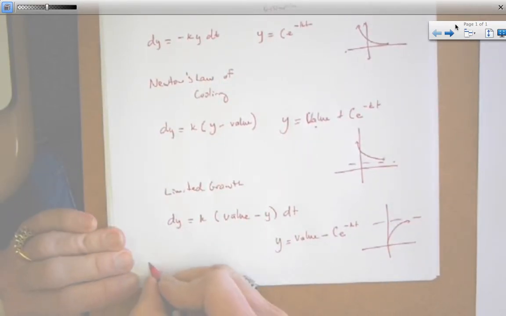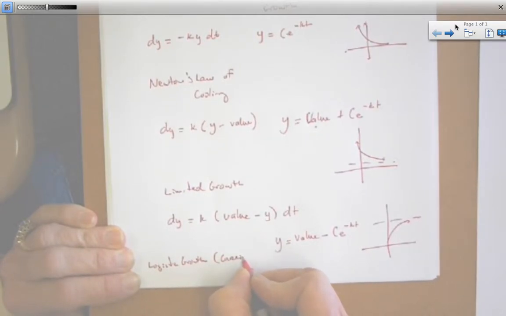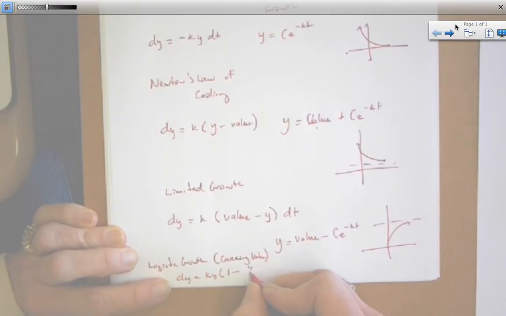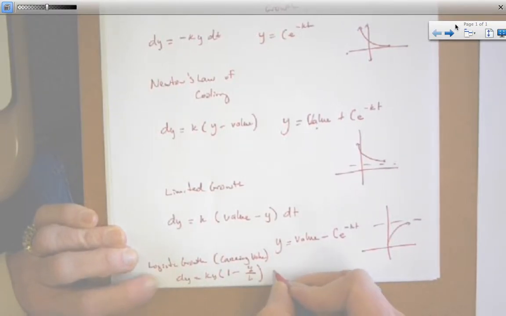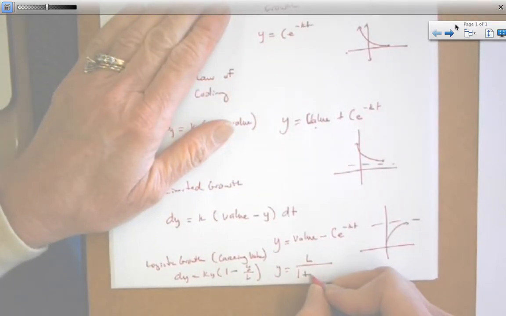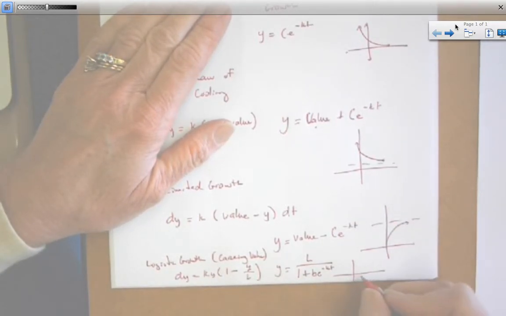And then our logistic growth, and sometimes we call that carrying value. It is dy over dt equals ky times (1 minus y over L). Its solution is y equals L over (1 plus b e to the negative kt). Its graph is going to have a limited top to it, quick growth, and then levels off.